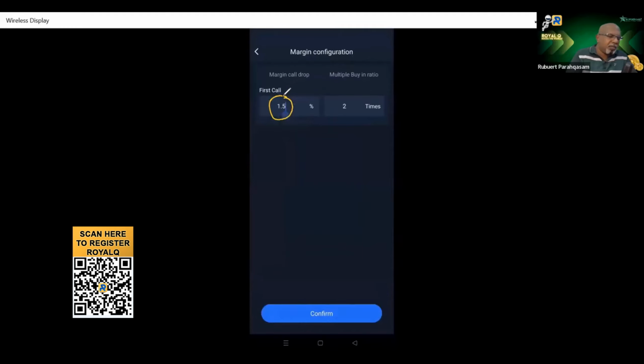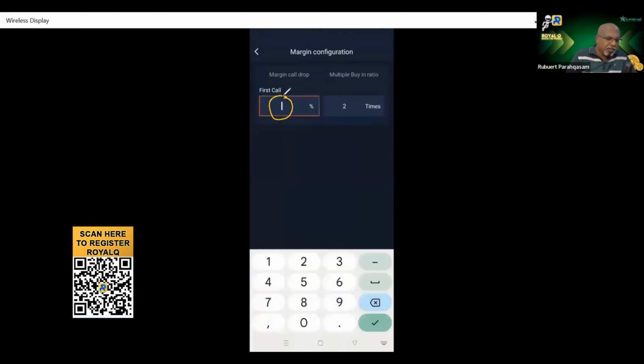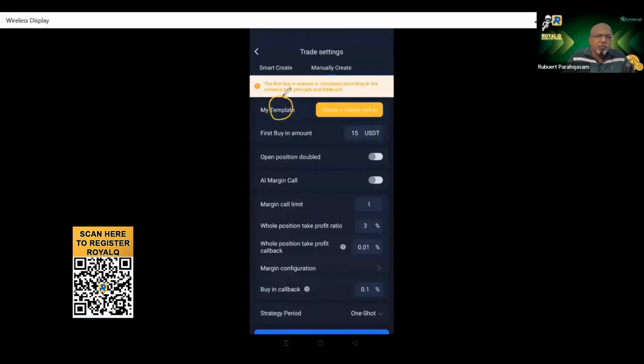So you come here, clear that, type 5%, and confirm it. That's all. You've already given all the trade settings for the robot. Any questions so far? Is that clear? Tell me yes if it's clear. Yes.